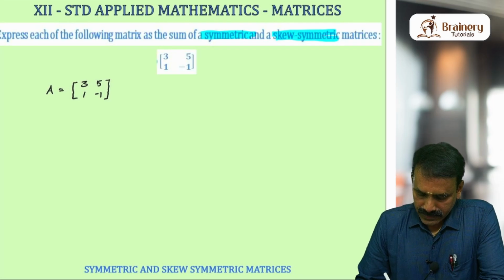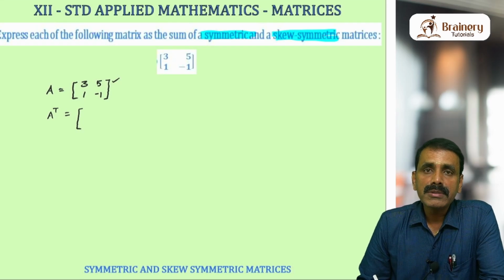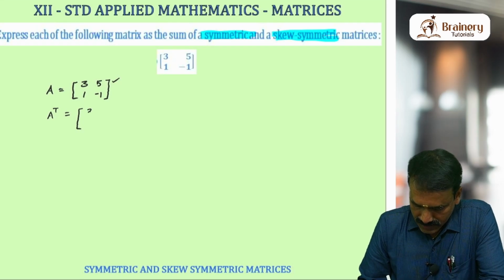In that case, A transpose will be equal to, how to write A transpose? Writing rows in terms of columns. So it is 3, 1, 5, minus 1.